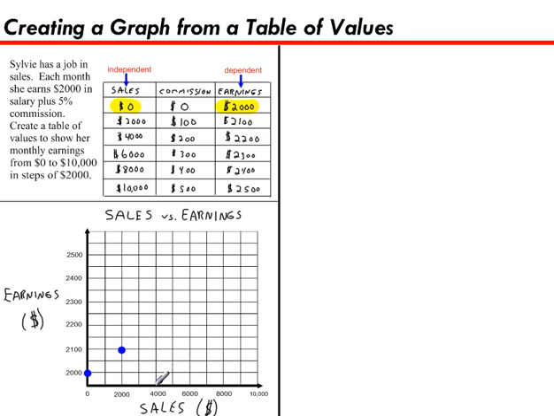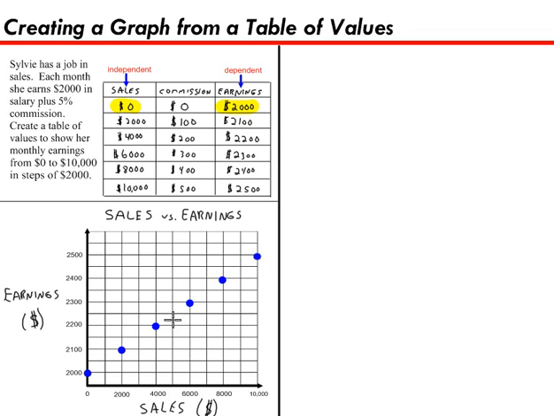Here's $4,000, and I go up until I've reached $2,200. And I'll just add the remaining points. There we go.